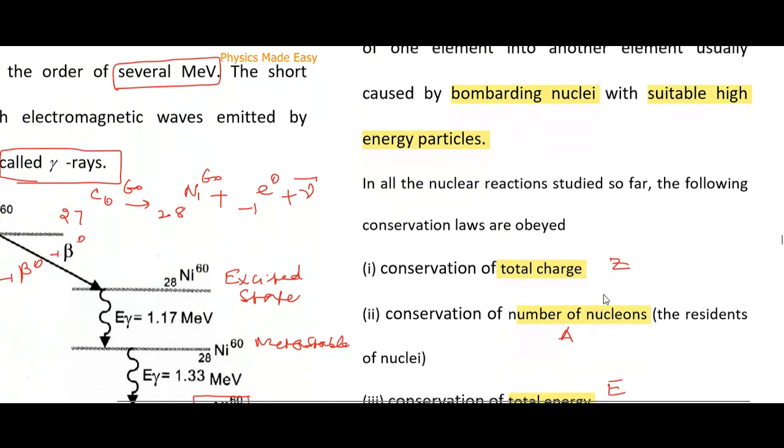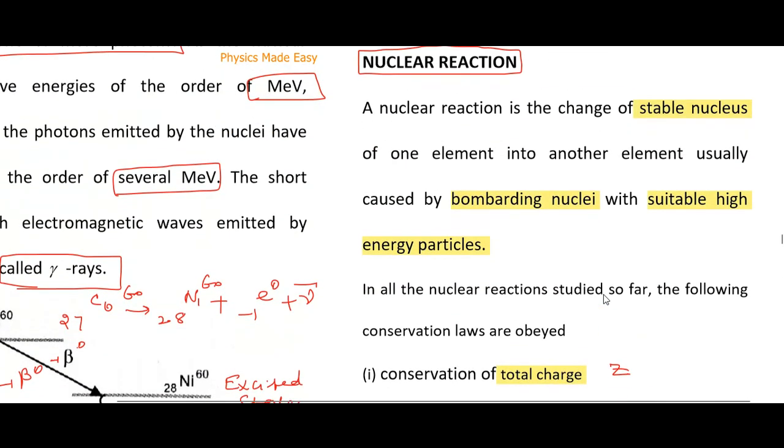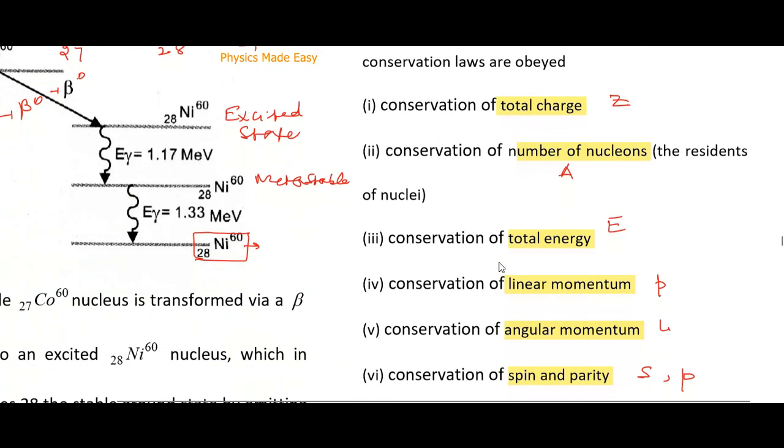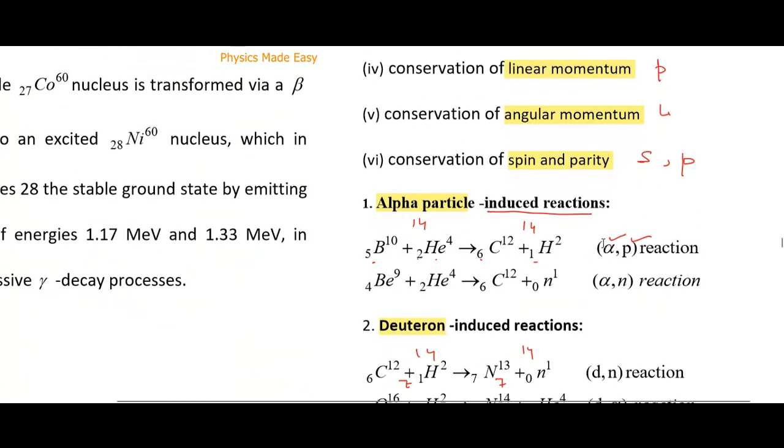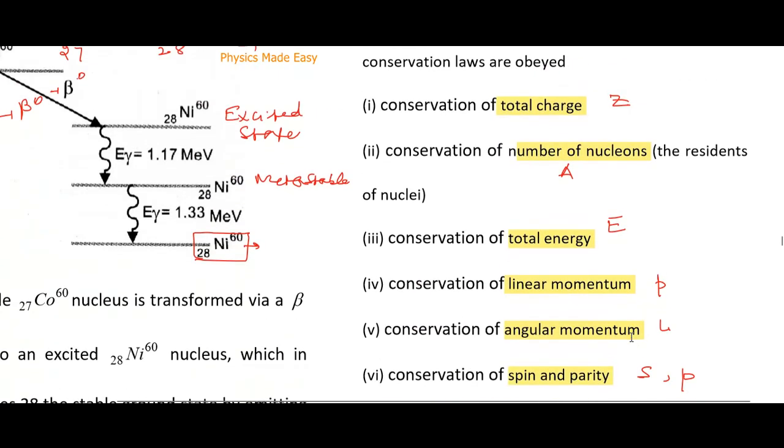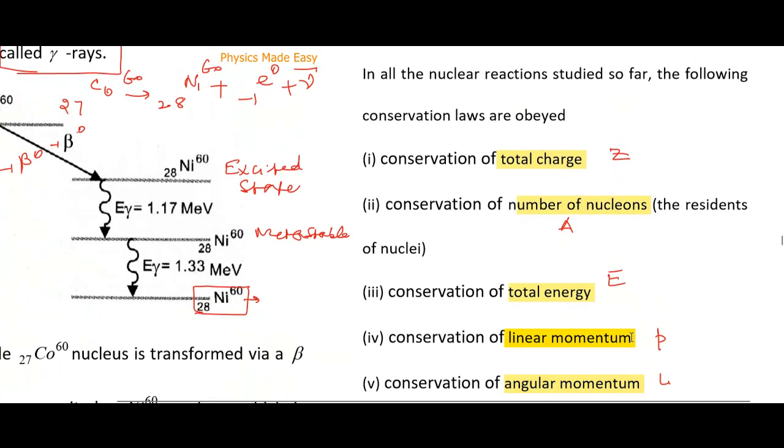In next part, we got nuclear reactions by one process when we bombard a nuclei with some particle. There are alpha P reactions in which the bombarding particle is alpha and emitted particle is proton. So now there are some properties of nuclear reaction, and it obeys some conservation laws.